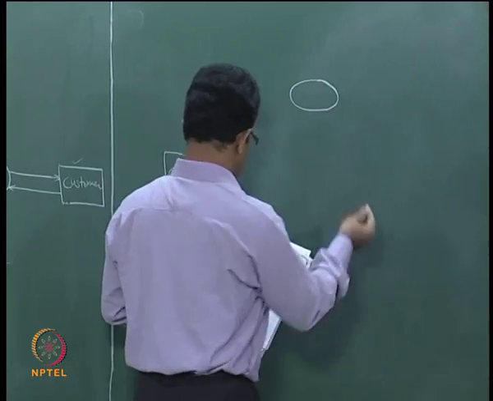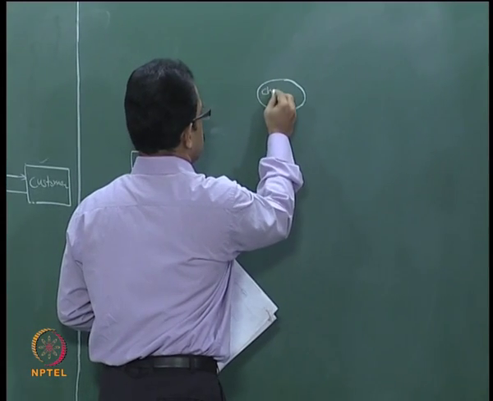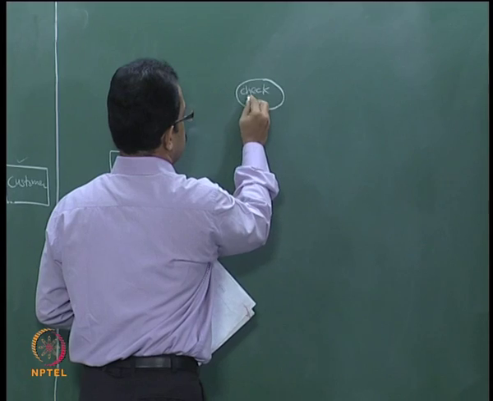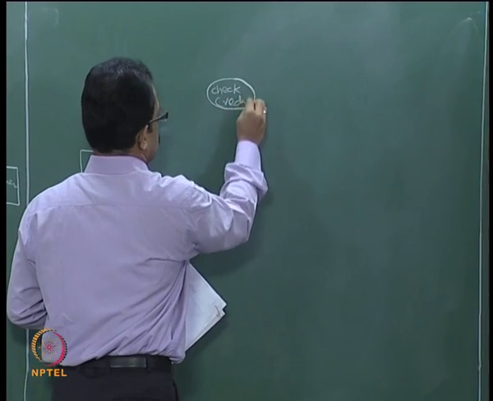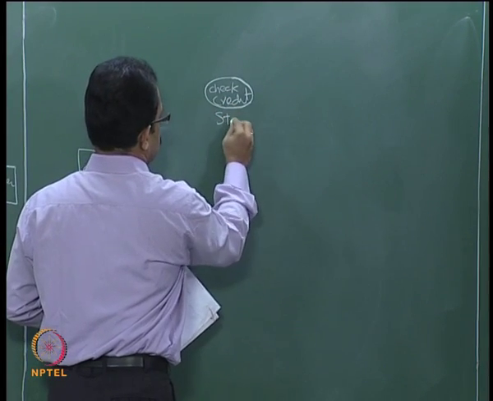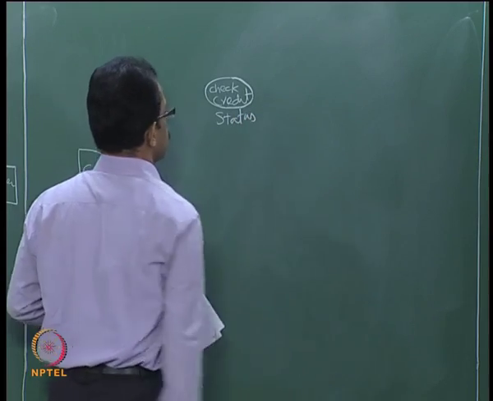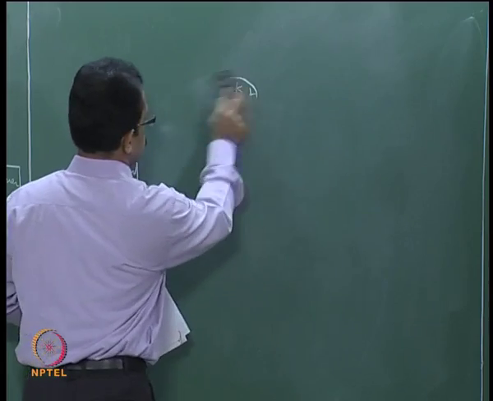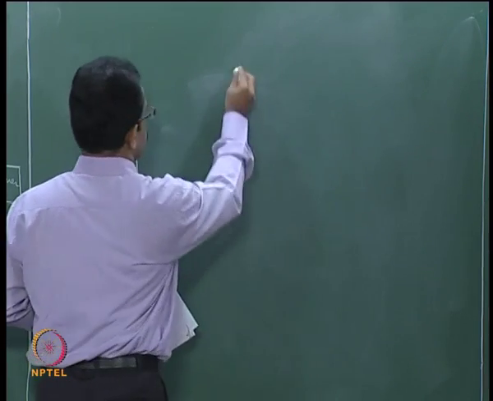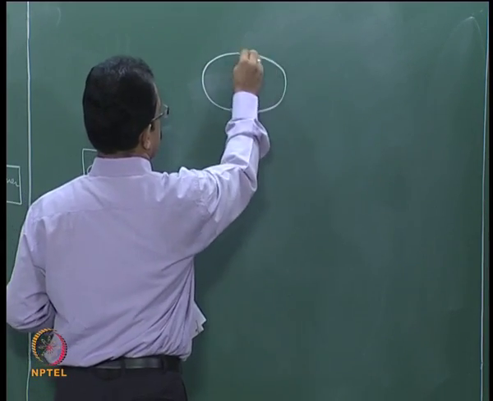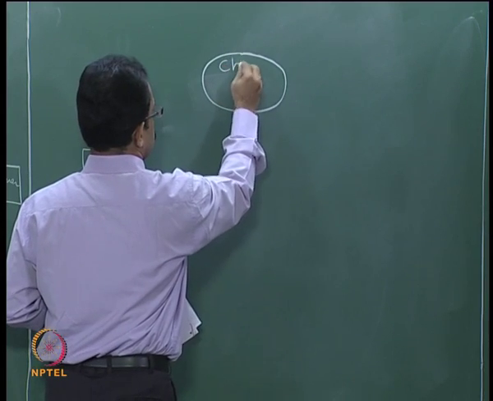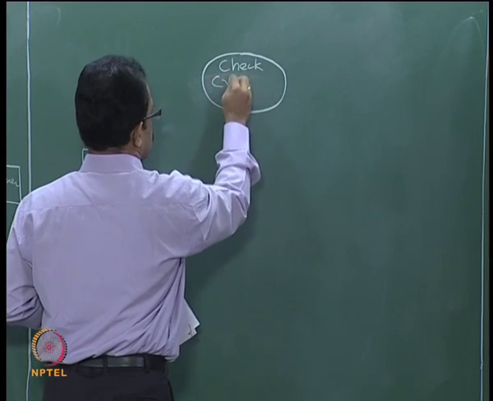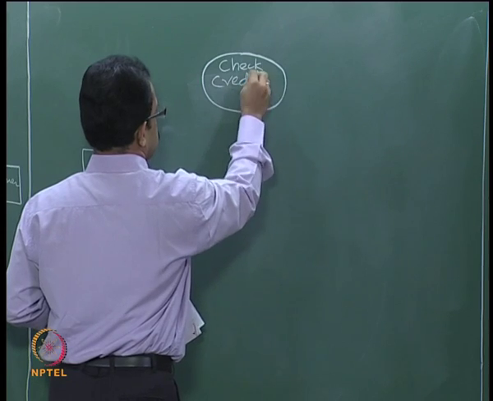So one is basically credit status, that is the function. So this is check credit status.